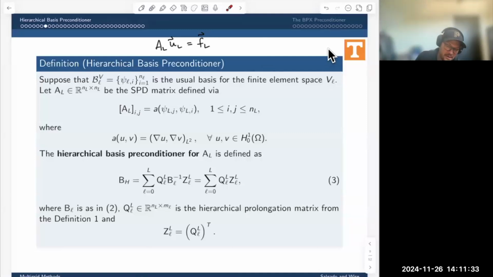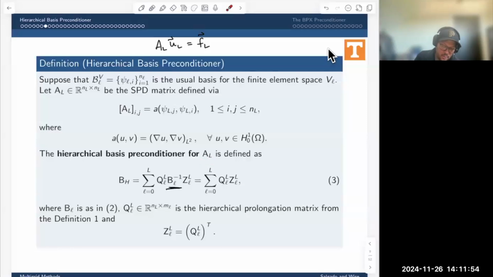So those matrices that we just defined are going to be involved right here with constructing this preconditioner matrix, or this additive preconditioner, which now is going to be interpreted as a hierarchical basis preconditioner for this matrix AL, the original coefficient matrix.